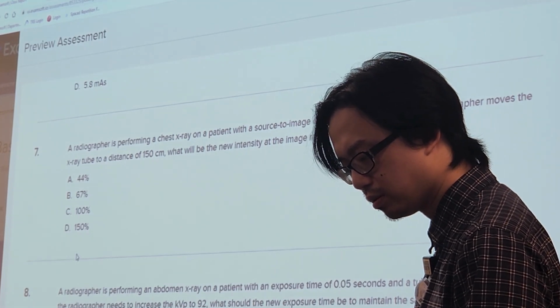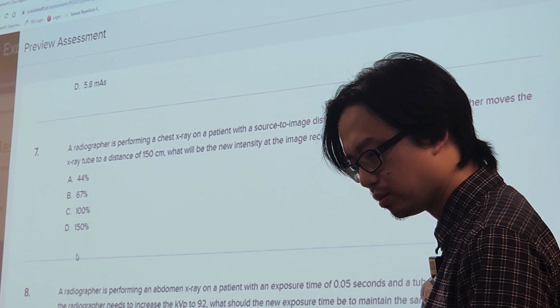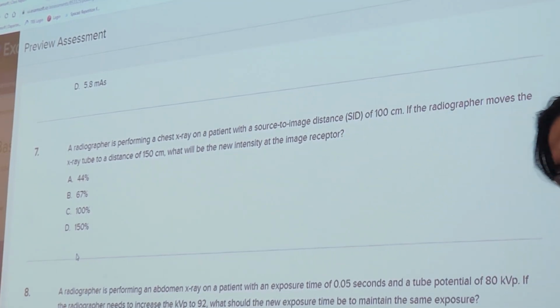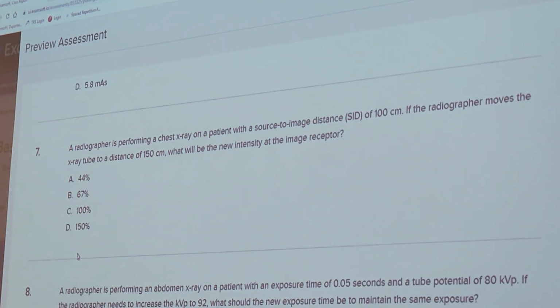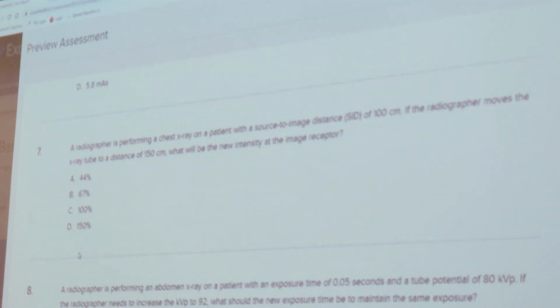So now that you're saying that, we don't have numbers, right? So you have to make up a number. The easiest number to make up is 1, because we always start at 100%, right? And 1 equals 100%.